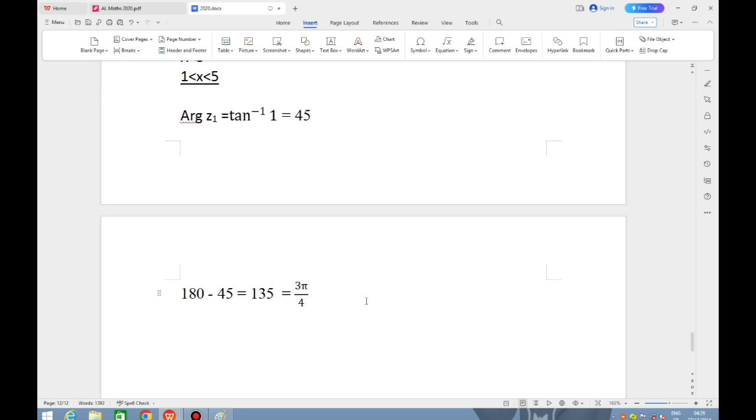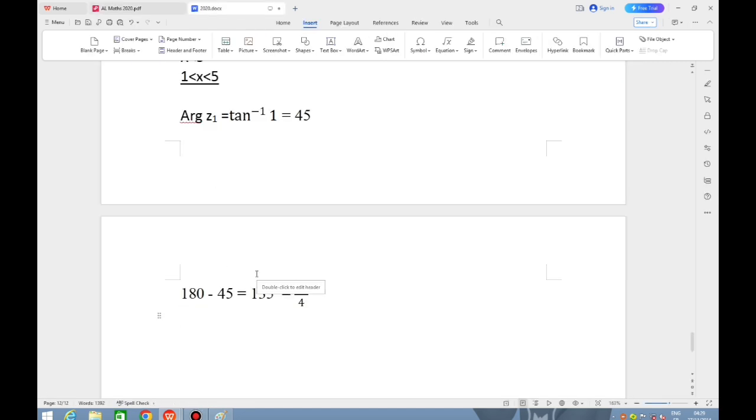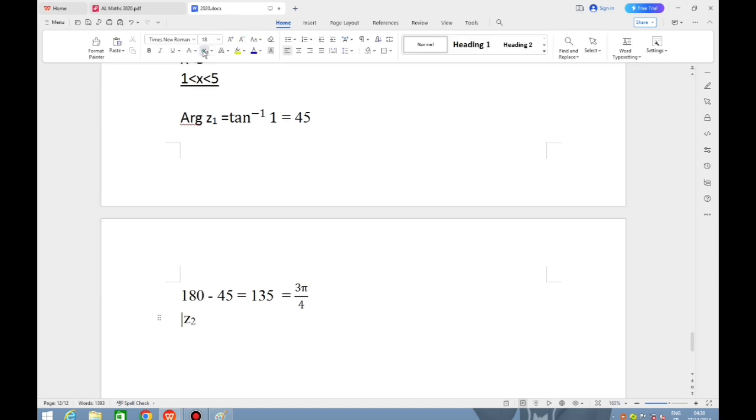And now the second question asks for the modulus of z1. Actually there was an error. The actual question was the modulus of z2 raised to the power 6. So this was the second question.